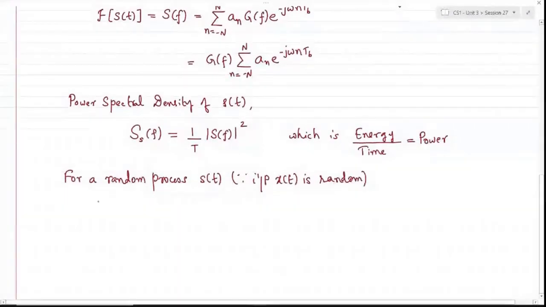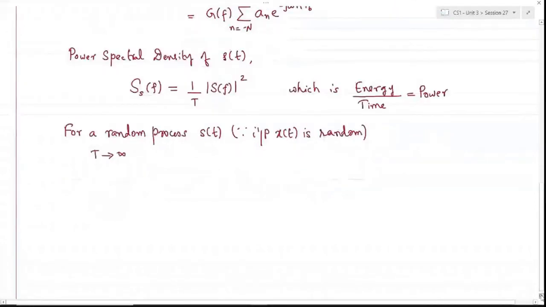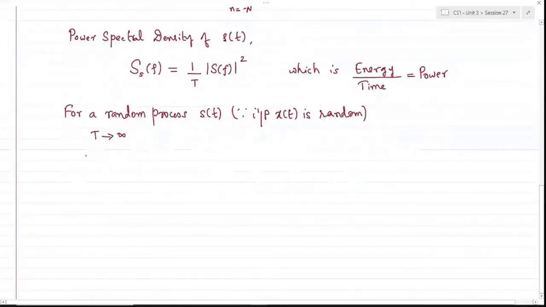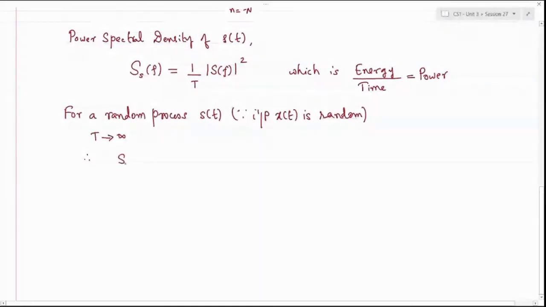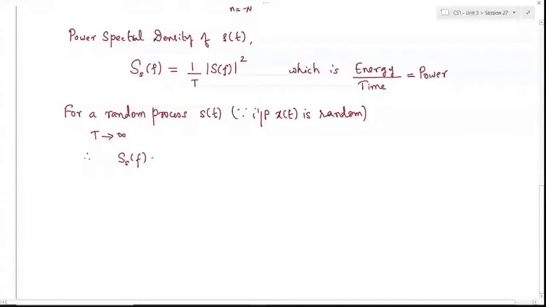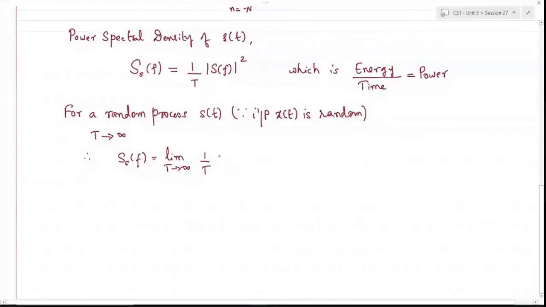So for this we can take an infinite duration of the input. Therefore S s of f is simply the limit T tending to infinity of 1 over T, magnitude of S of f the whole square.